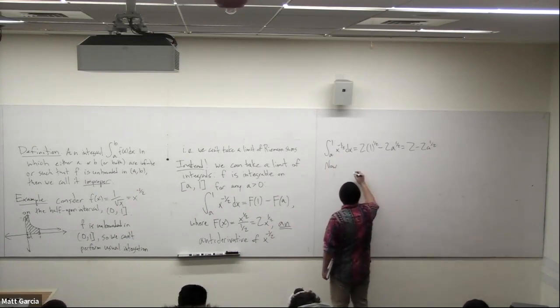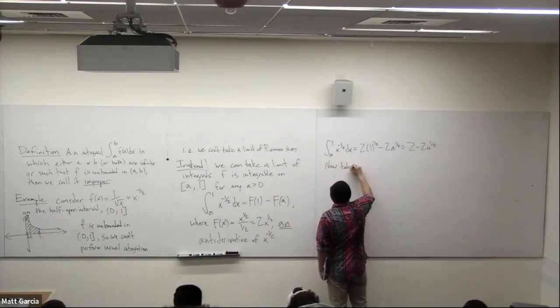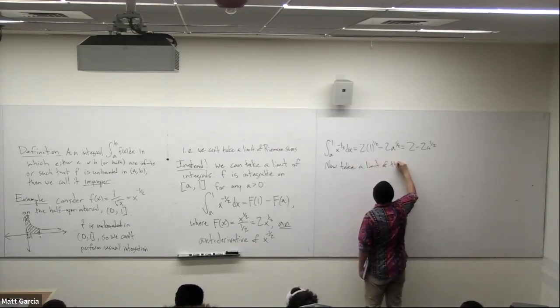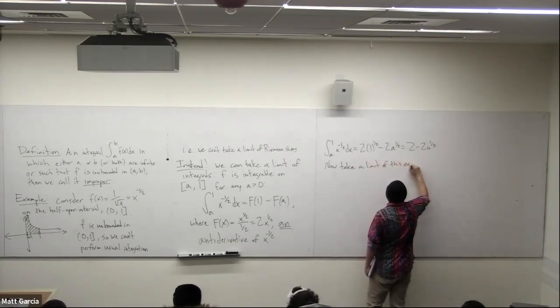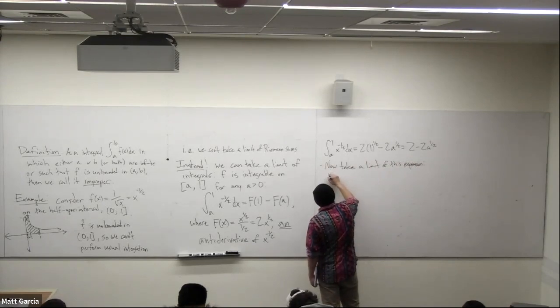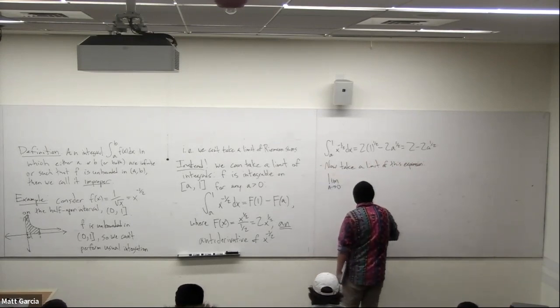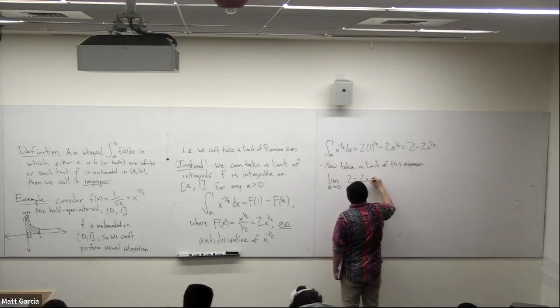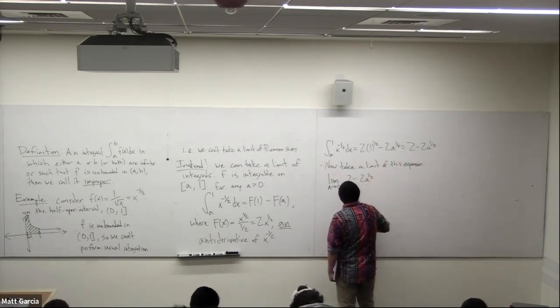So now we take a limit of this expression. So we want to take the limit as a approaches 0 of 2 minus 2 times a to the 1/2.